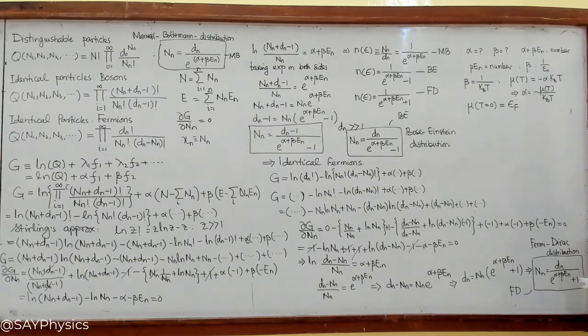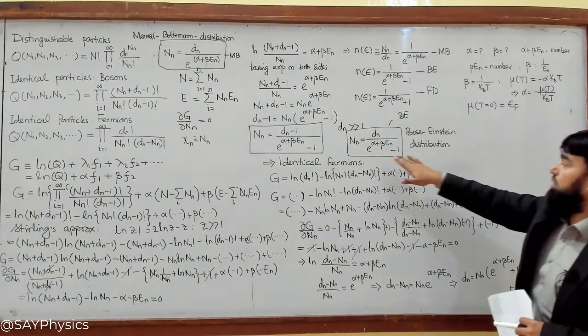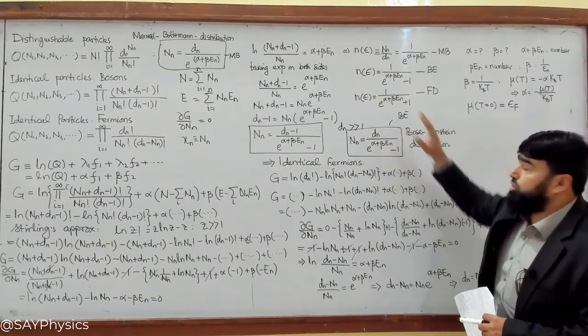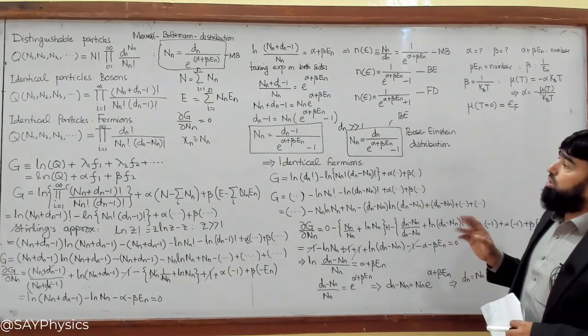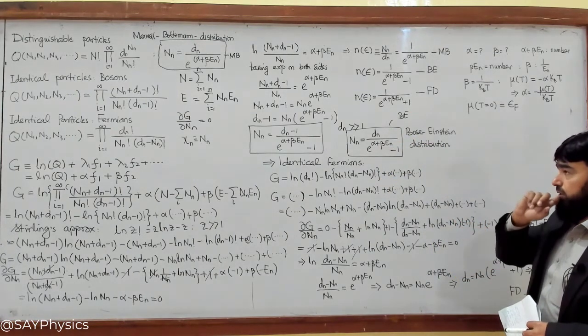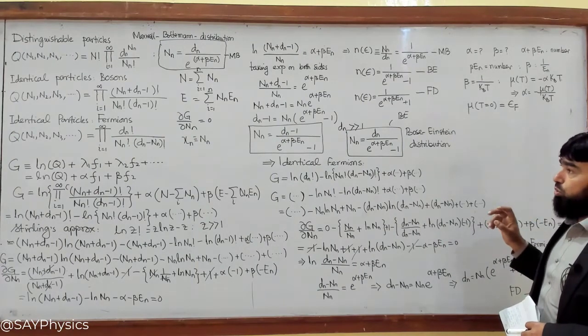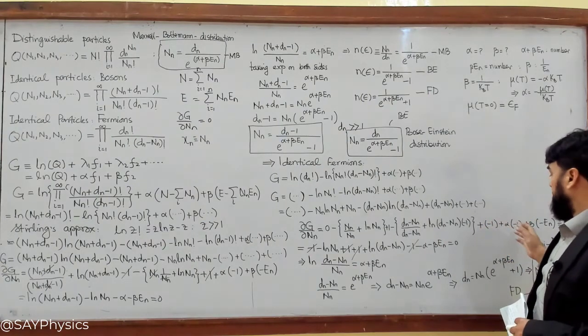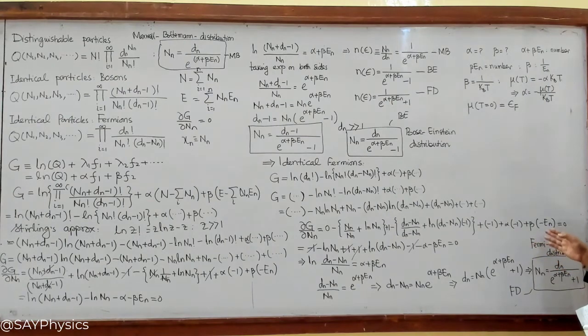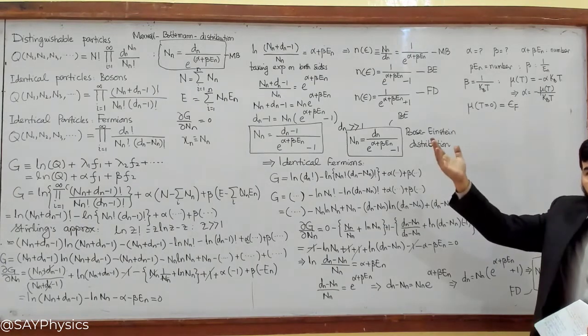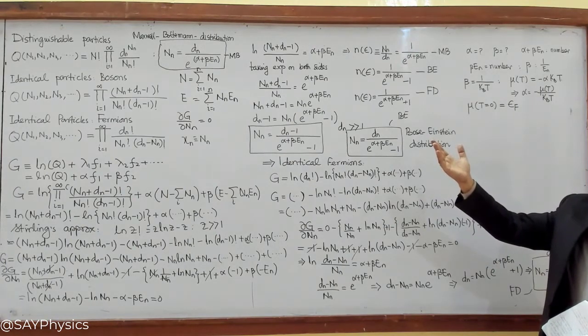And now let me just talk about the different aspects of these distributions. We will not talk about those limits from the Fermi-Dirac or from the Bose-Einstein statistic, where we go back to the Maxwell-Boltzmann distribution.